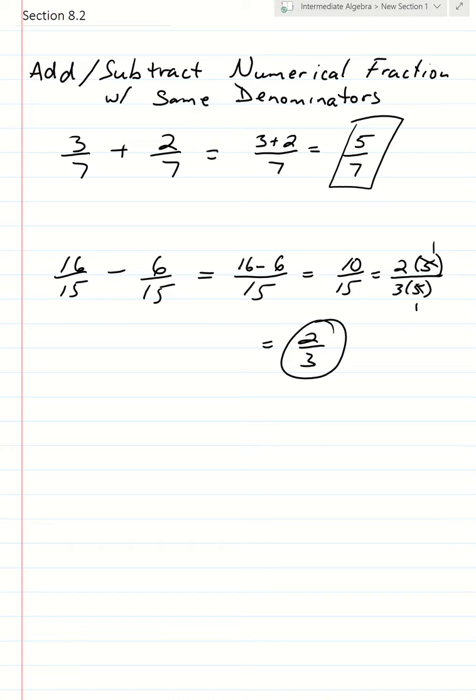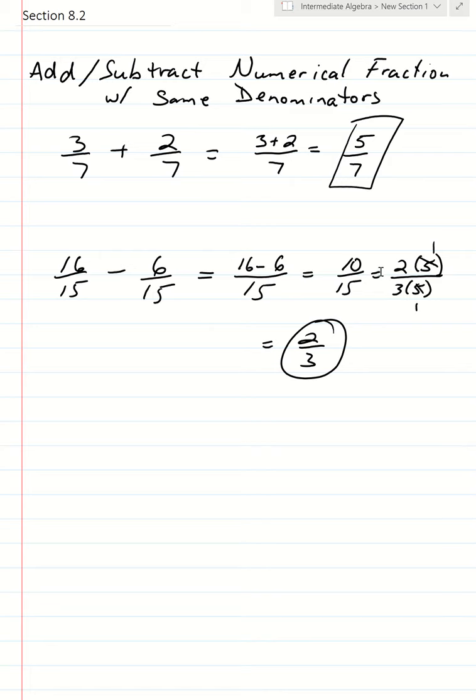So after you've combined, whether it be through addition or subtraction, after you have combined what you can in the numerator, you look to see if you can overall simplify that answer, because your answer must be expressed in simplest form.